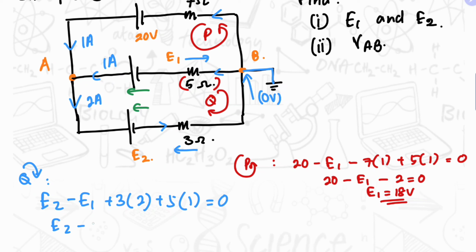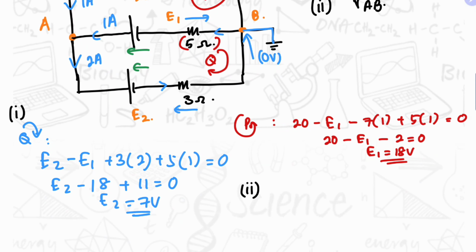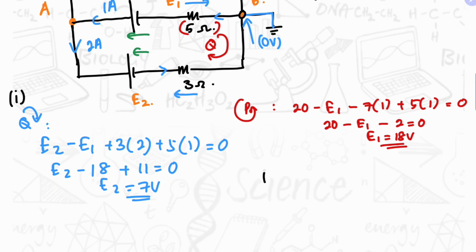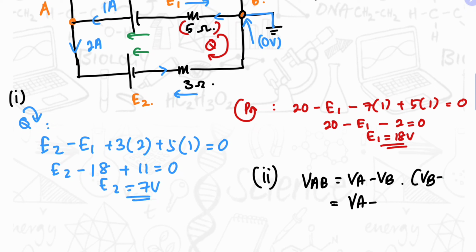Then E2 minus E1 is 18, and we have 11 here, so E2 will be 7 volts. Now we have to find VAB. VAB can be written as VA minus VB. Since the circuit is grounded at B, VB will be 0 volts. Therefore VAB is equal to VA.